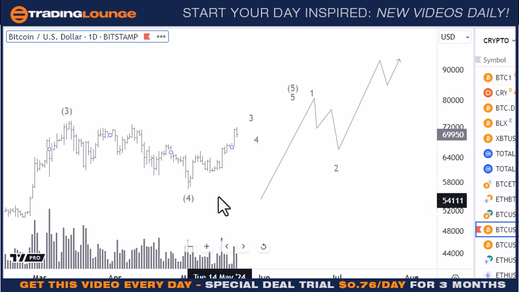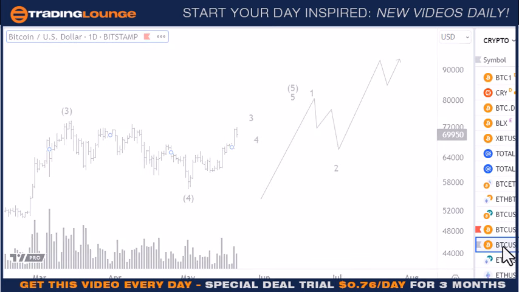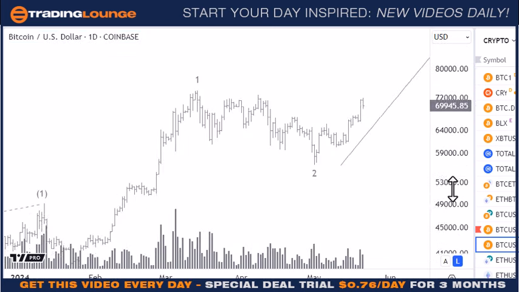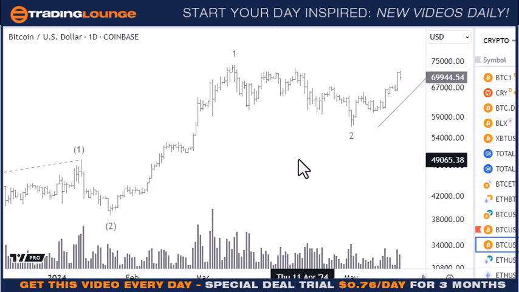It's probably the case, this wave 4 here, but at the same time, if we take a look at this, also a daily chart for Bitcoin, instead of looking at it as 3 and 4, looking at it as 1 and 2 here.